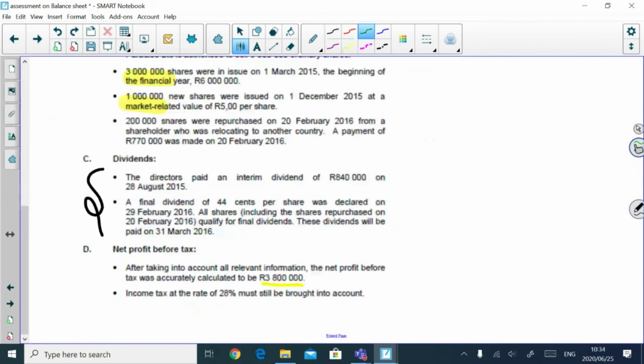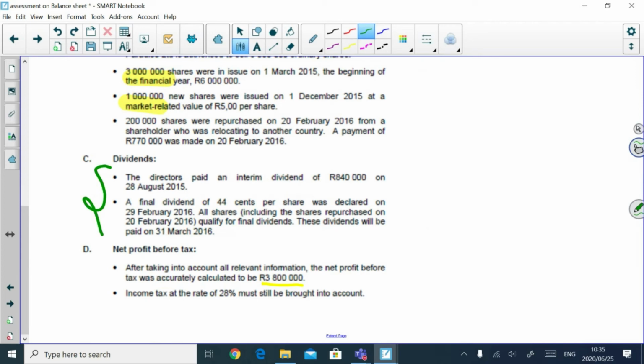The directors paid an interim dividend of 840 on 28 August 2015. A final dividend, okay, let's start with this one.